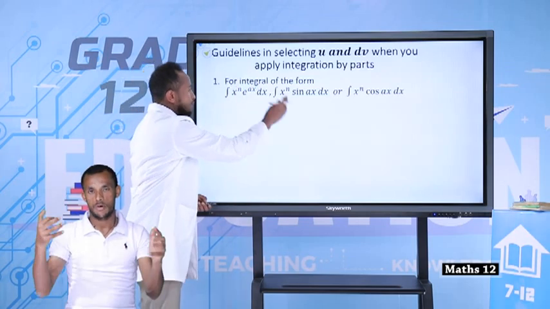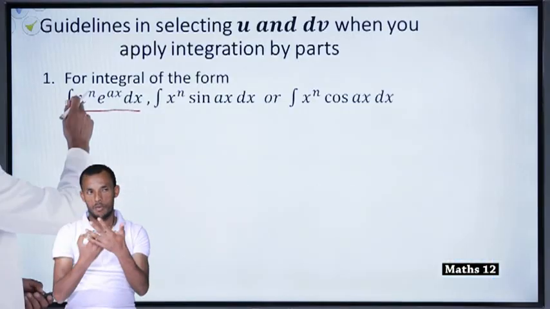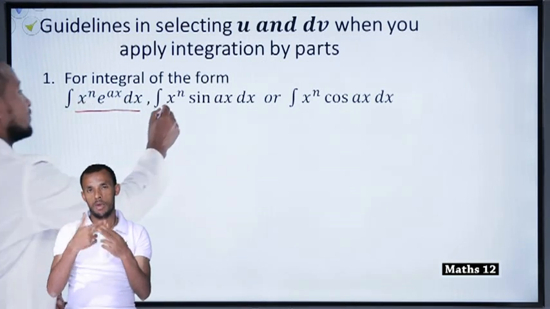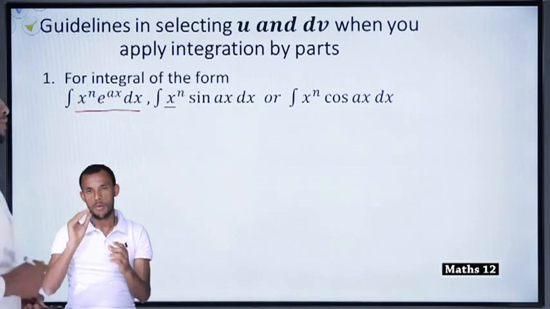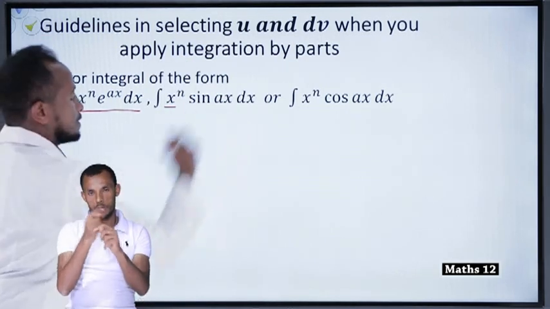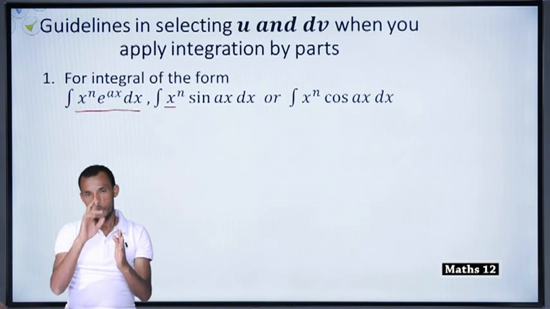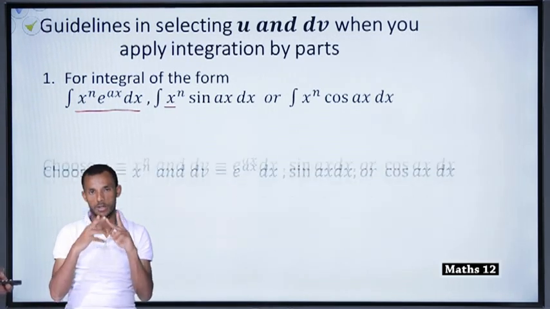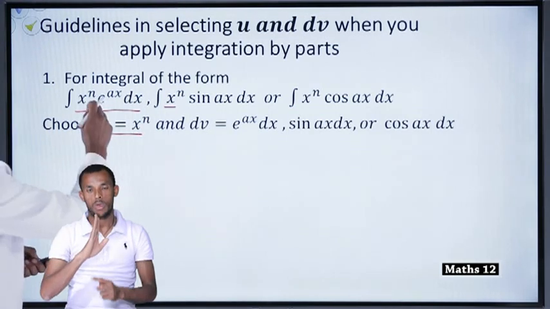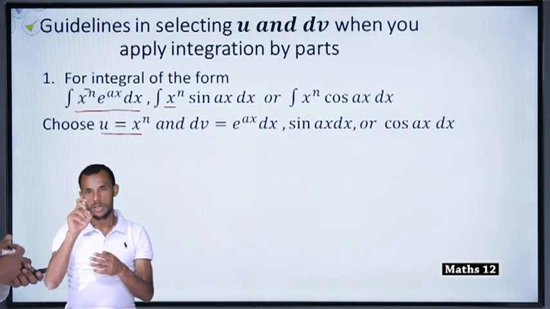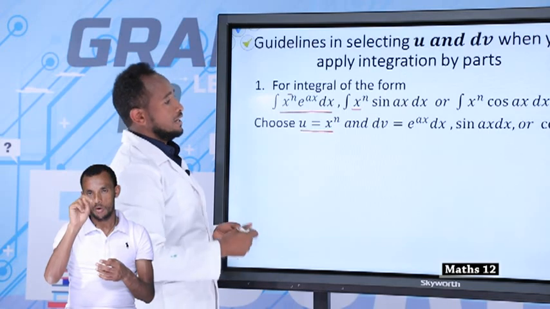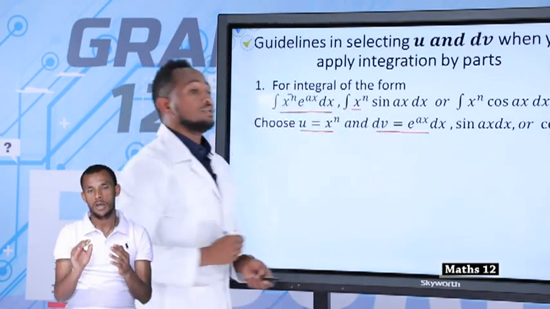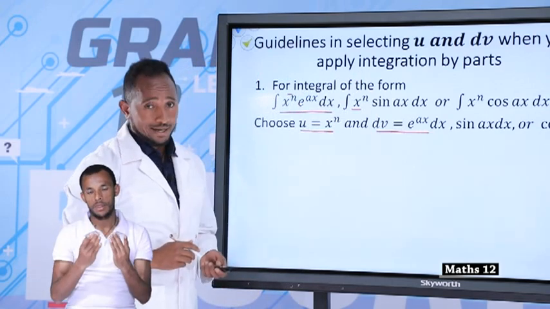For an integral of this form, polynomial times exponential, or polynomial function times trigonometric function, either sine x or cosine x, for this form, assume u to be the polynomial part, x, and the exponential part will be dv. So this is one guideline.